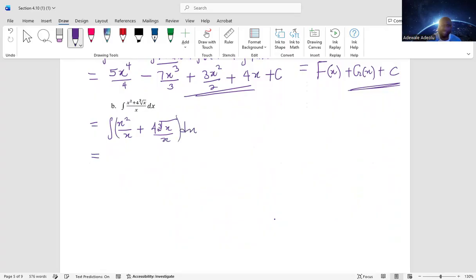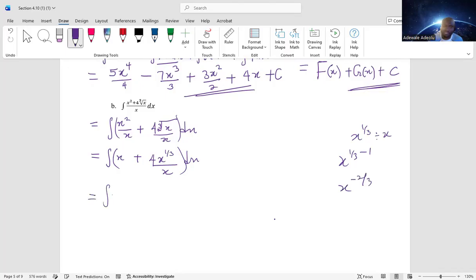We can do that, and this is x plus 4x raised to power 1 over 3, remember, that is the cube root, divided by x, dx. So x to the 1 over 3 divided by x is x to the 1 over 3 minus 1, right? So that is x raised to power negative 2 over 3.